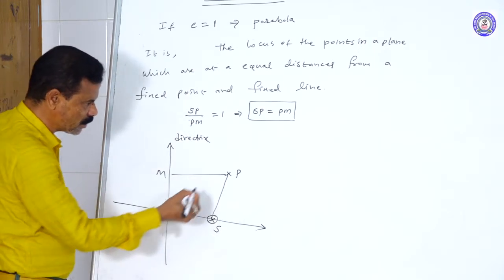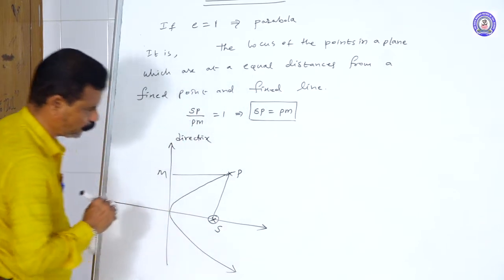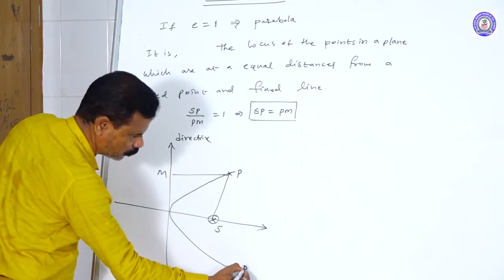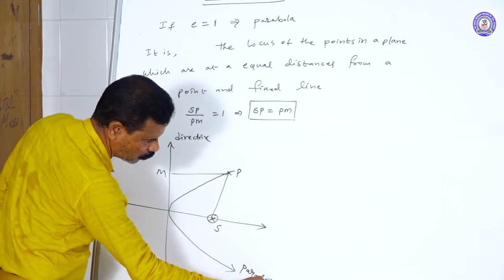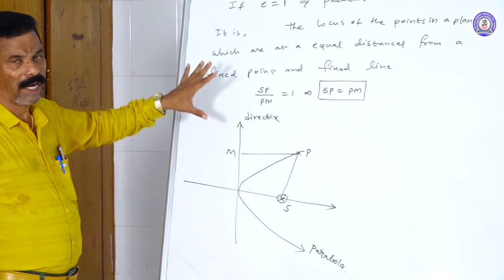So the form is coming like this. This is the parabola shape. This is the description about the parabola.